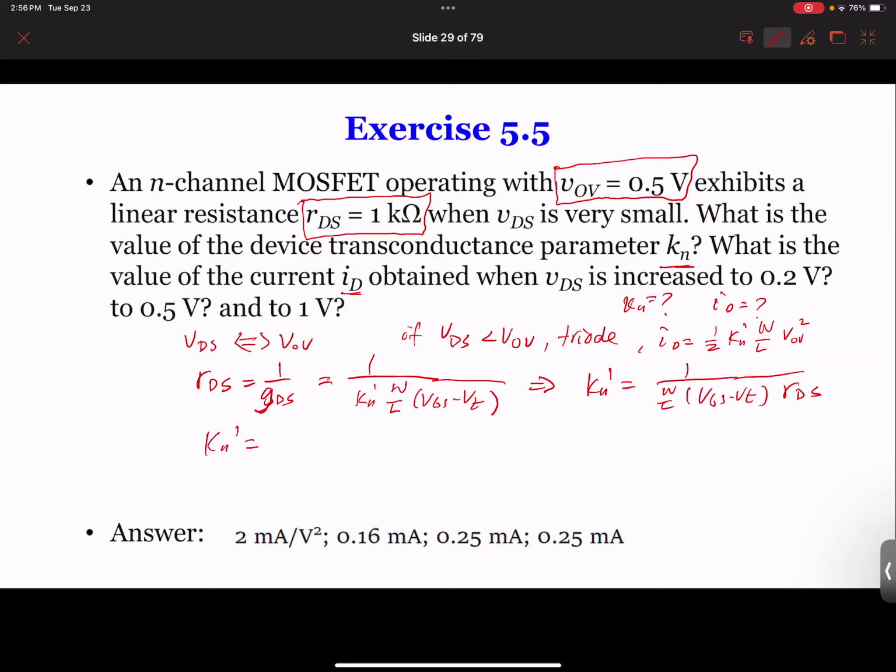So Kn is basically W over L times Kn prime. So it's going to be just 1 over VGS minus VT times RDS, where VGS minus VT is VOV. So VOV is 0.5.